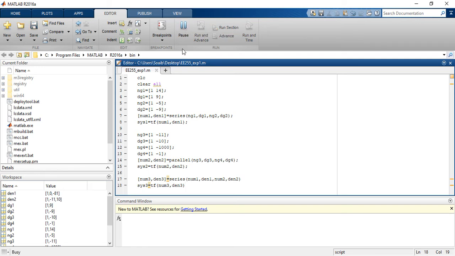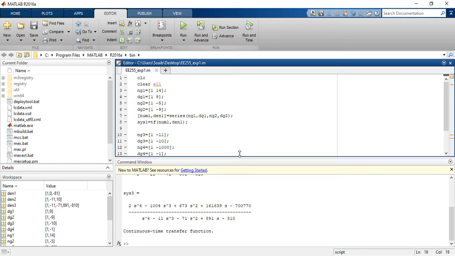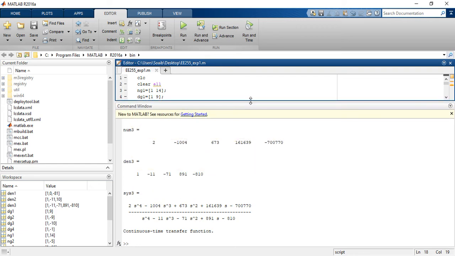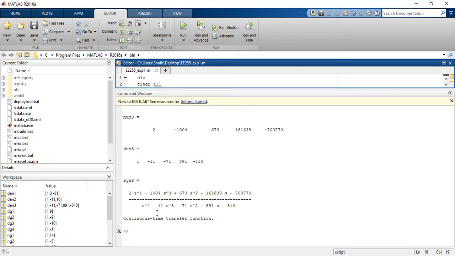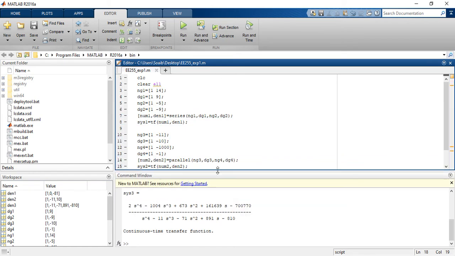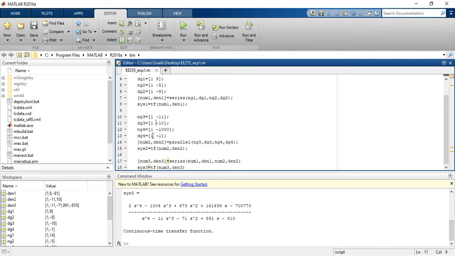It will give me the values of num3 and den3 and the final answer. So G1 and G2 are connected in series, G3 and G4 are connected in parallel, and we have connected this answer and this answer in series.